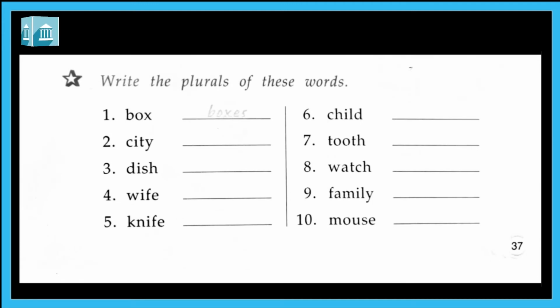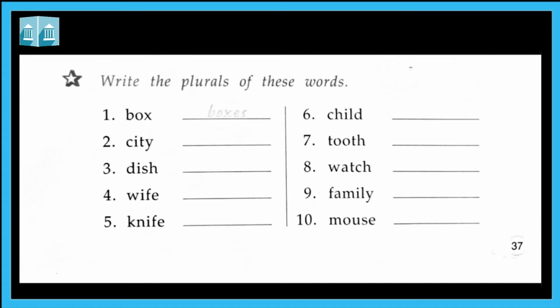Next one, write the plurals of these words. Now you remember I have taught you some rules. On the basis of that rule we will convert these words. Okay. First rule was, if a word contains O, X, double S, CH, SH or S at the end, then we will write ES to form a plural form. Okay.